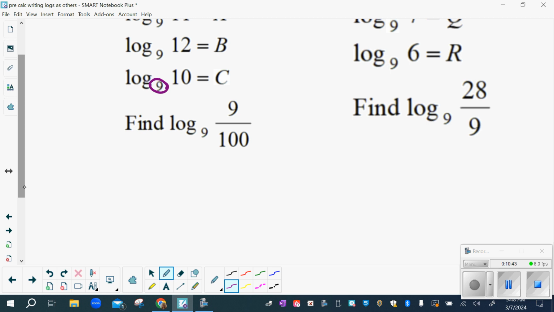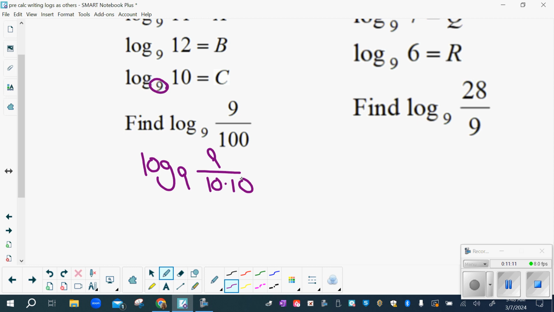So what we're going to do is I'm going to rewrite this as this. Log 9 of 9 over 10 times 10. And here's what I want you to realize. You can do this with the little exponents, or you can do this with remembering anything on the bottom is subtracted. Anything on the bottom is minus because it's got that negative exponent.